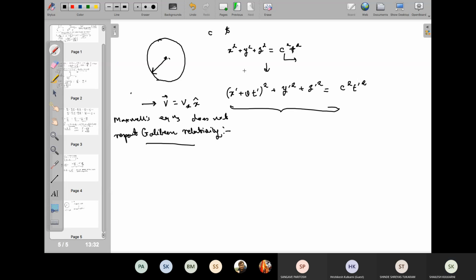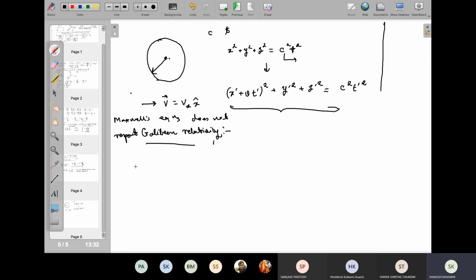That means something needs to be added in this principle. From observation we know that the velocity of light is the same in all inertial frames. That is your Michelson experiment. I hope you have done that already. So from the experimental side we know that the velocity of light remains the same in all inertial frames.